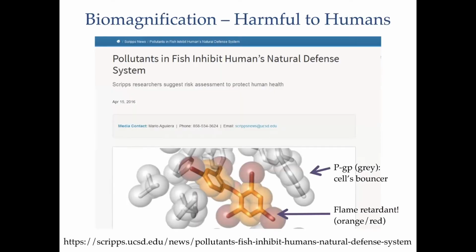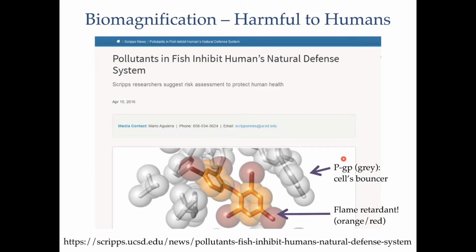So biomagnification is harmful for humans, not only in this example that I just described, but here's another one. If you want to know more details about it, there is a link in the slides that is going to take you to this article. It's really interesting to read about this experiment.